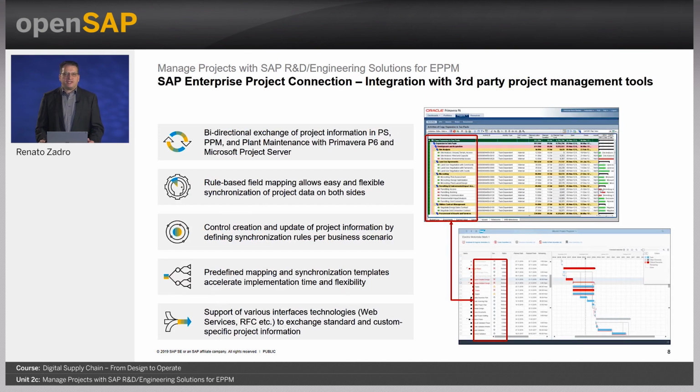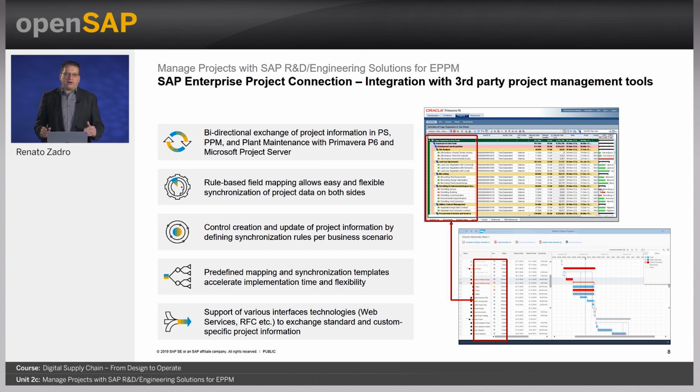A very common situation at the customer is that they already have a third-party tool for project management in place. For this case, we have a middleware tool available which is called Enterprise Project Connection. This middleware tool provides a bi-directional interface that translates the SAP information into third-party tools such as Microsoft Project or Primavera.